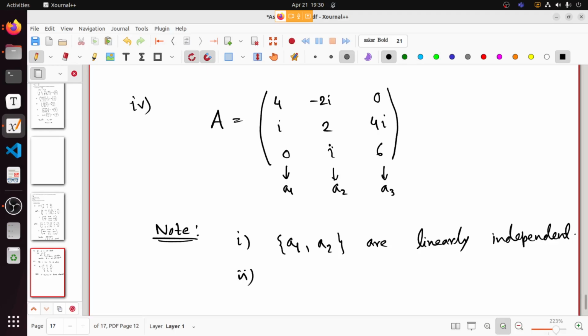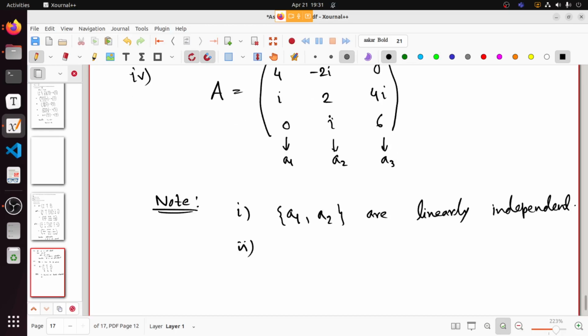A1 and A3: here the first is 0, here it is non-zero, so A1 and A3 cannot be linearly dependent for the same reason. Now A2 and A3: A3 has first component 0, here it is non-zero, so they are also linearly independent.